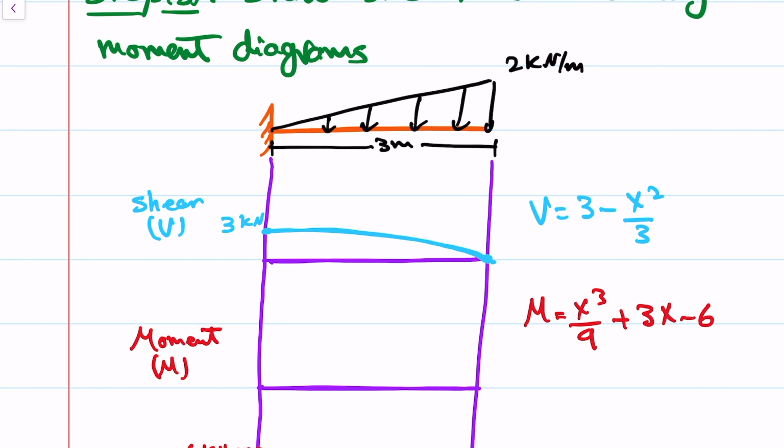And for x equals 3, so this would be 27 over 9, which is 3 plus 9 minus 6, right? So this should be 3 plus... I think we forgot a negative sign here.